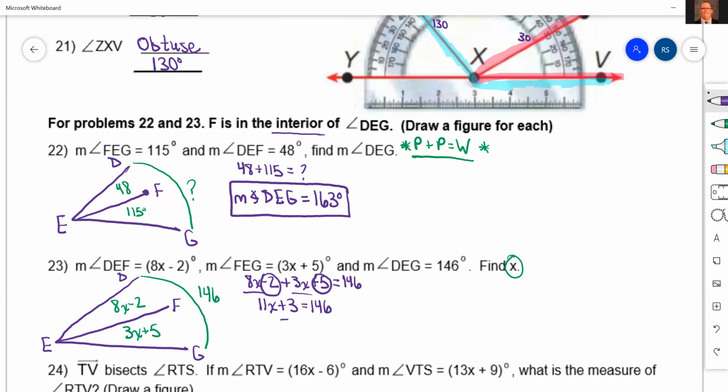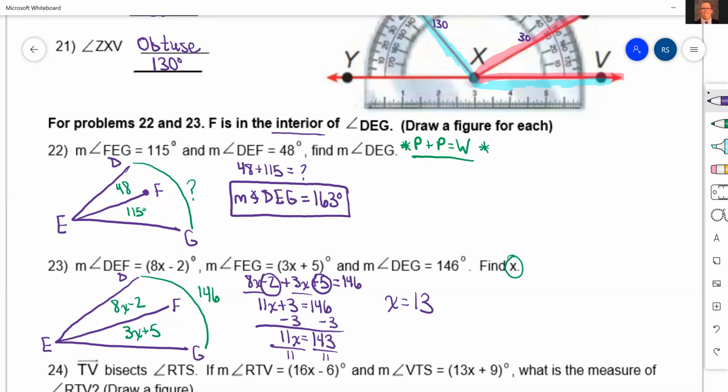Subtract 3. You're going to get 11x equals 143. Divide by 11. And you get x equals 13.